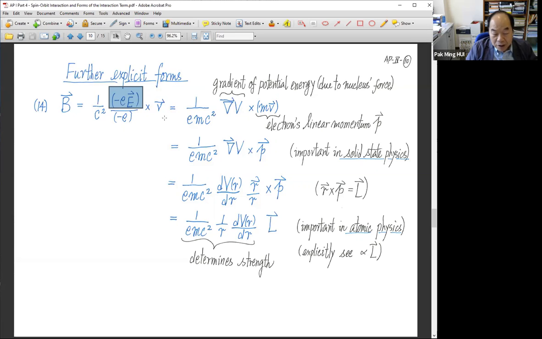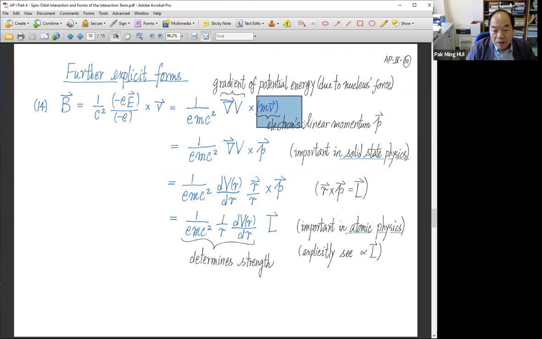And the force will be minus gradient V. The minus sign cancels out the minus sign down here, okay? So therefore, I pick up gradient V, okay? And then I multiply by another 1, m divided by m, nothing, okay?